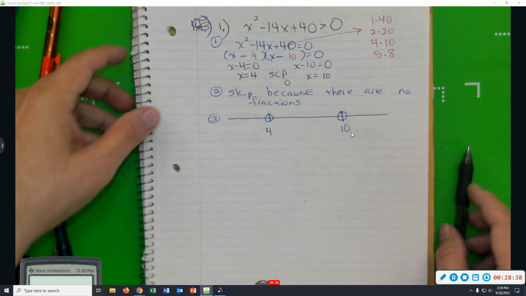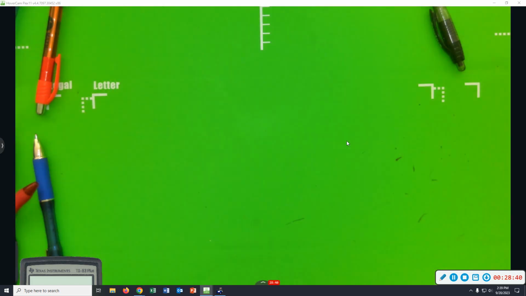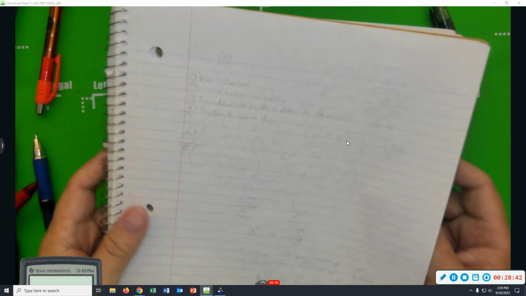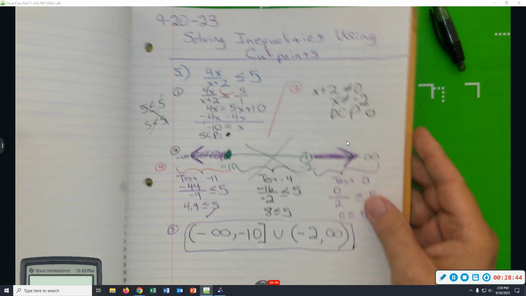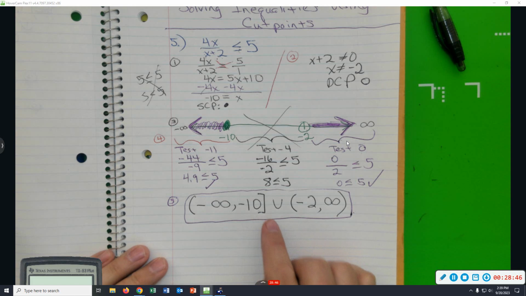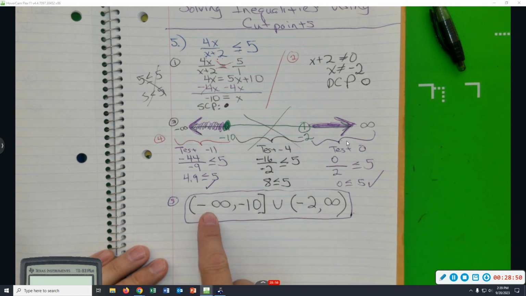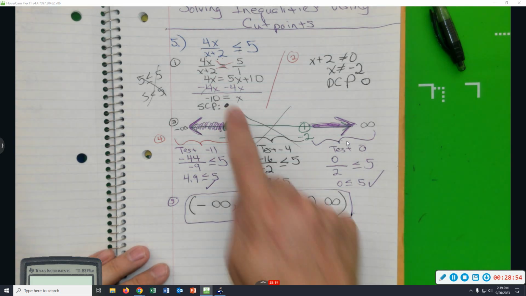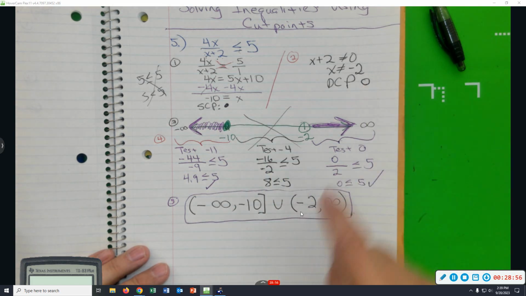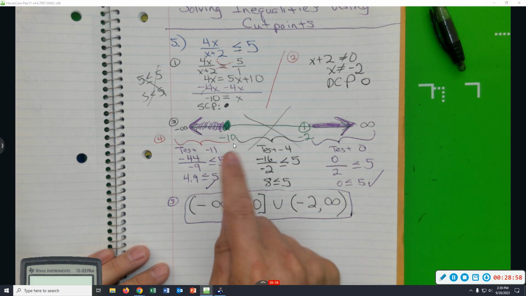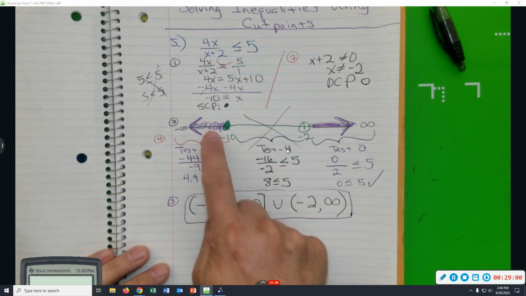Look back at the previous problem. The answer that you get, the interval notation, all it can have are infinities or negative infinities and cut points themselves. Negative 10 was a cut point, negative 2 was a cut point. The number that we tested, negative 11.